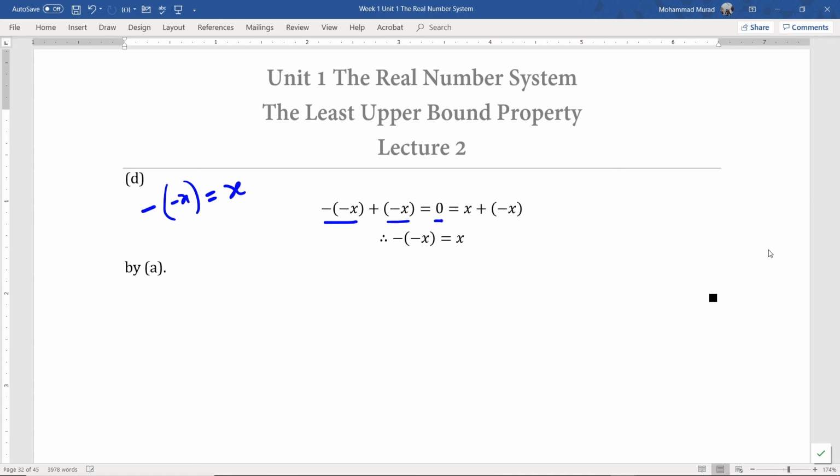But this 0 can also be written as a field element x plus its additive inverse. And now, by the cancellation law we proved in statement A, we obtain that negative negative x equals x. This completes the proof of the statement D. Please pause the video, go back a few moments earlier, and read the proofs again.